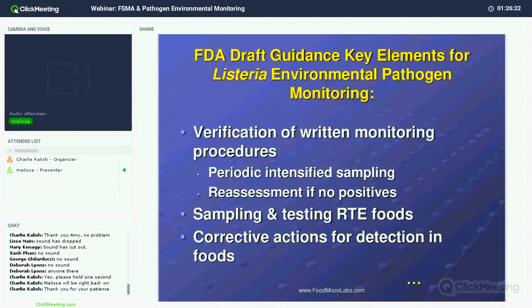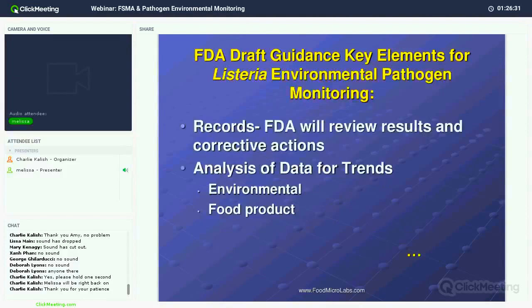They want you to have some frequency or plan for sampling and testing ready-to-eat foods, and also to have specific written corrective action for detection in the foods if that pathogen detection in the foods were to happen as a result of sampling it. Records requirements, again, FDA is going to review the results.